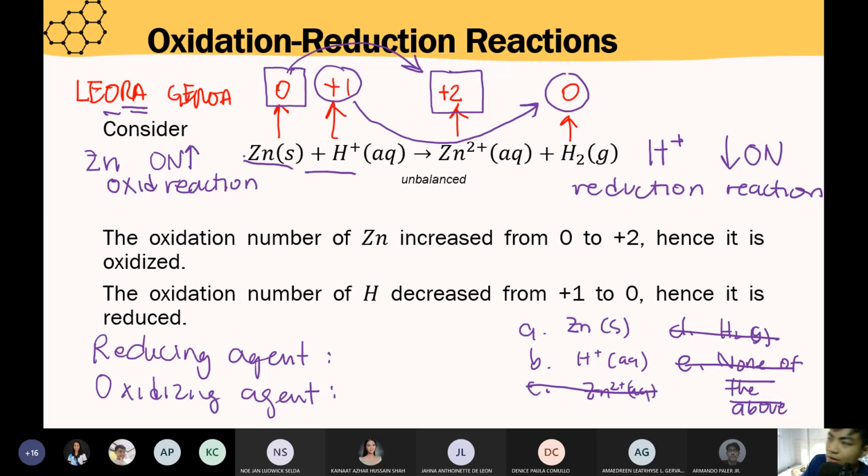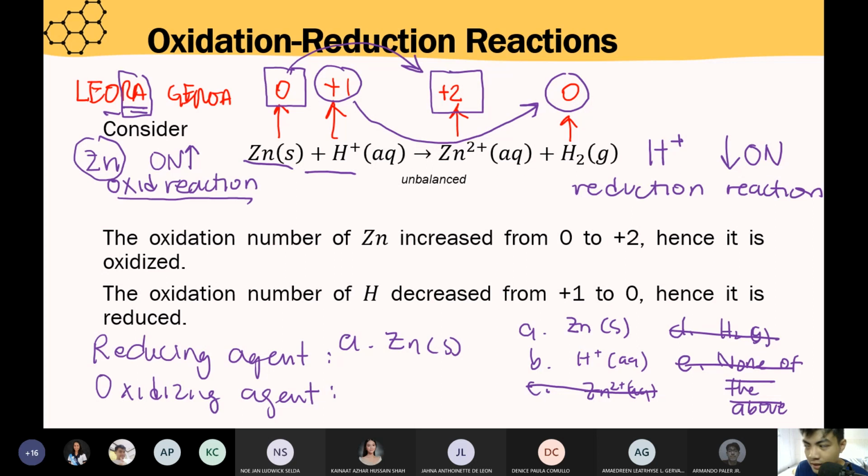Sino ba sa dalawa yung nag-undergo ng oxidation reaction? Obviously, si zinc. Ayan o. Zinc underwent oxidation reaction. So, ano tawag sa kanya? RA, reducing agent. So, your answer here is A, zinc solid. Okay? So, ganun lang.